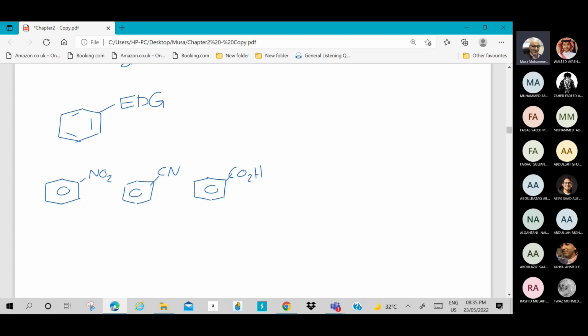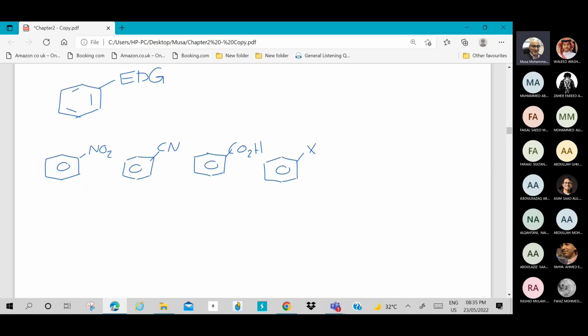Then you have aldehyde, ketone, and then you have halide like X, and then you have R group, where R group is CH3, ethyl, methyl, any alkyl moiety, and then you have here the OR, and then you have the OH, and then you have an NH2.